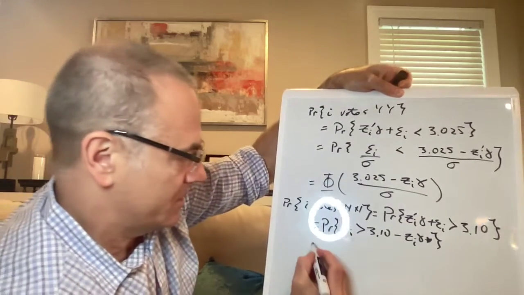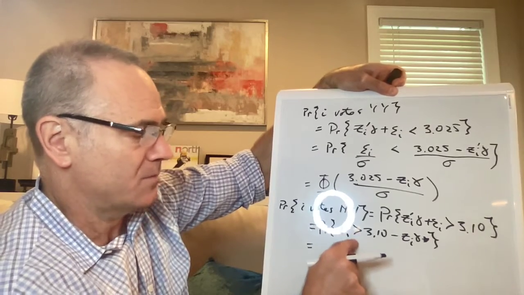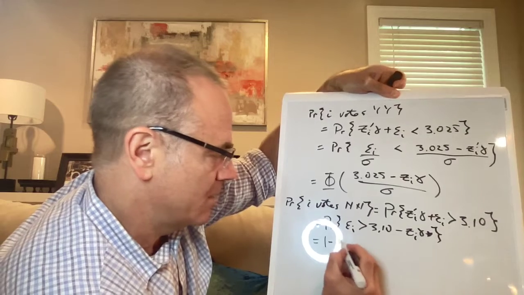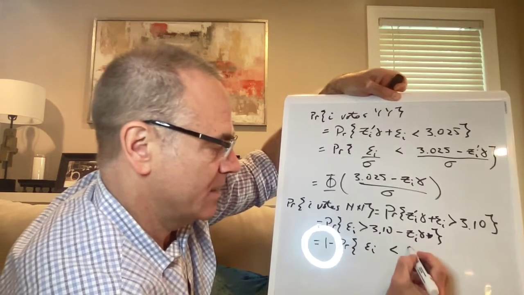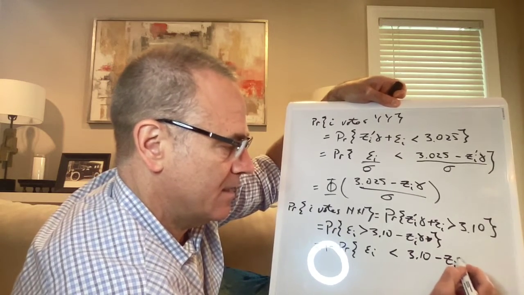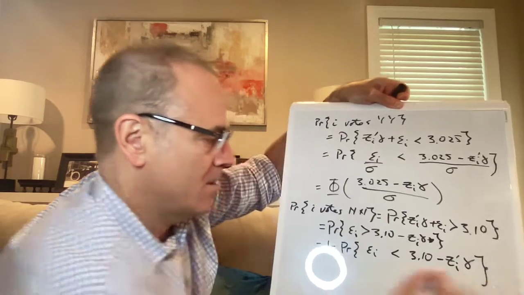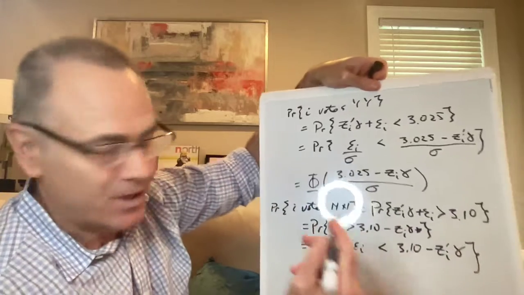This equals 1 minus the probability epsilon I is less than that. So that equals 1 minus the probability epsilon I less than 3.10 minus zi transpose gamma. Now, let's do the same trick.